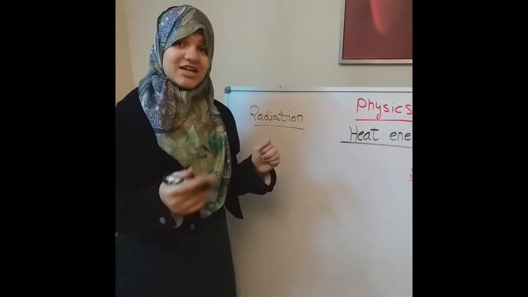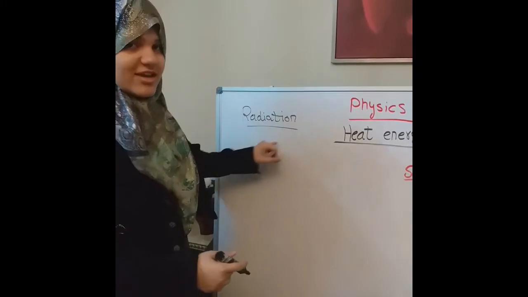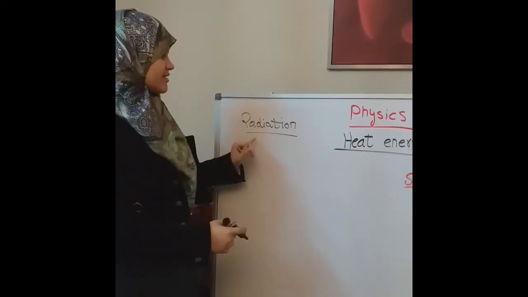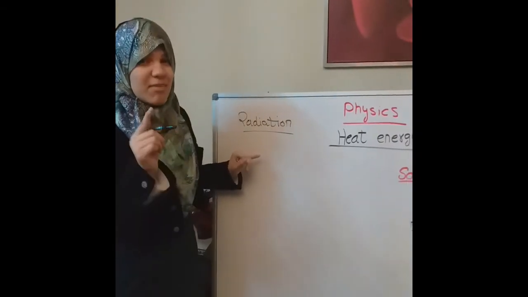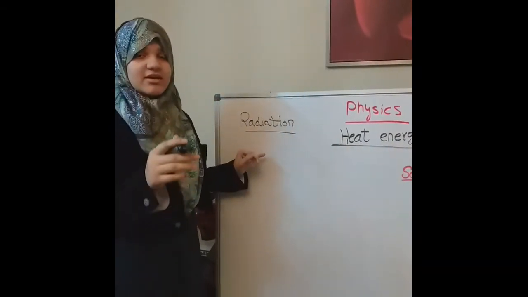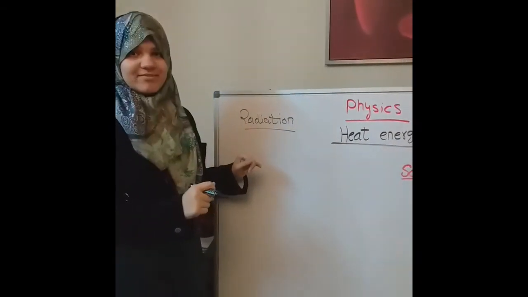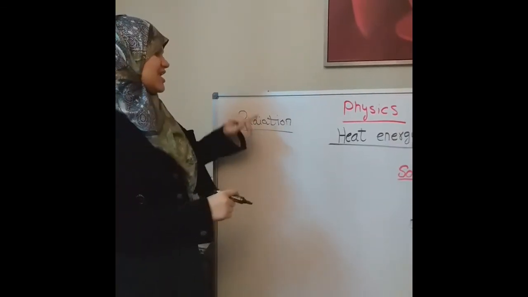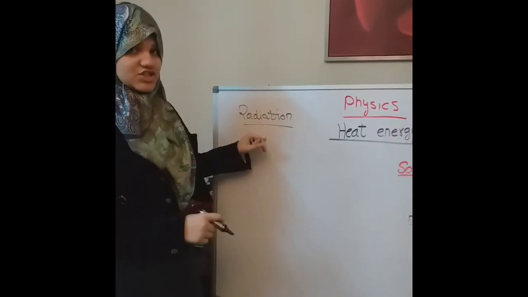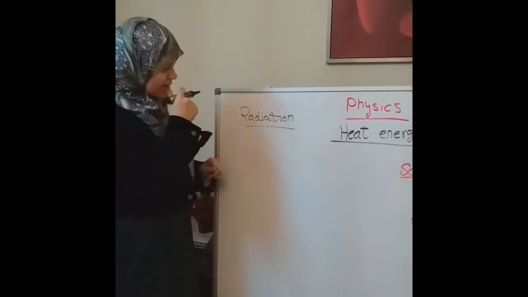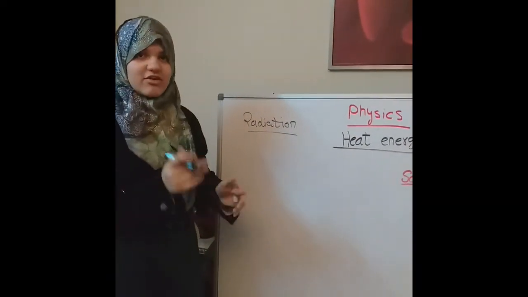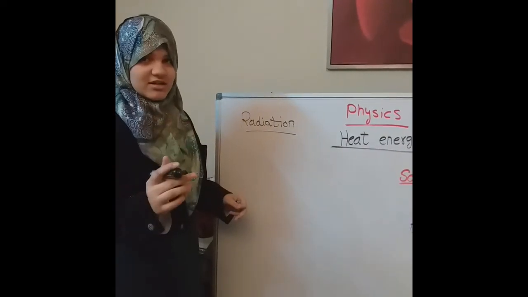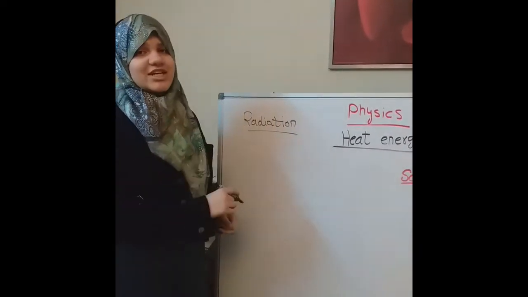Let us start with radiation. Radiation is heat transfer from one place to another without a material medium. One example of radiation is how the heat of the sun reaches the earth by the process of radiation.